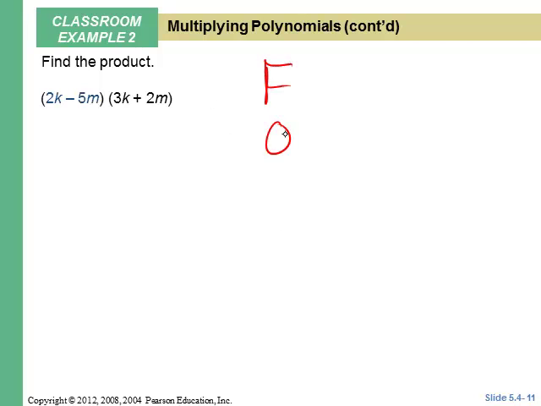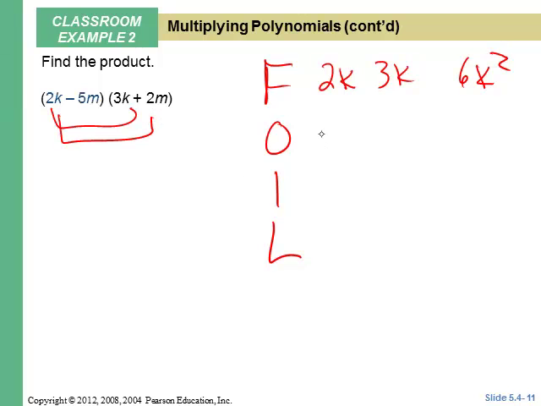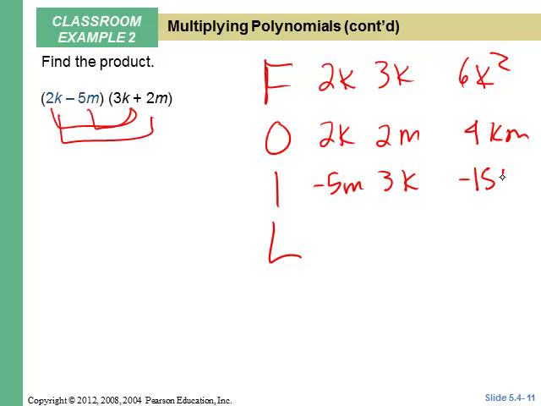First, outside, inside, last. First times the first is 2k times 3k is 6k squared. Outside, 2 times k, 2 times m is 4km. Inside, negative 5m times 3k is negative 15km.